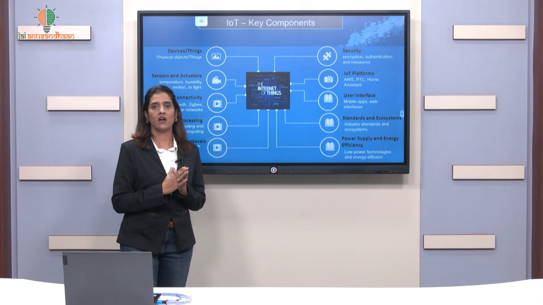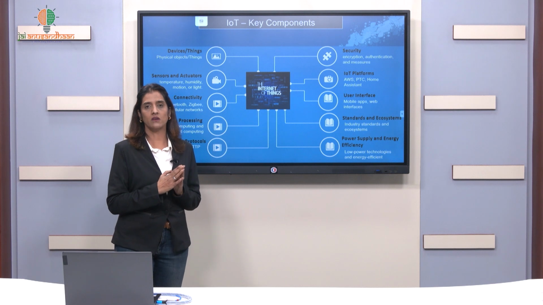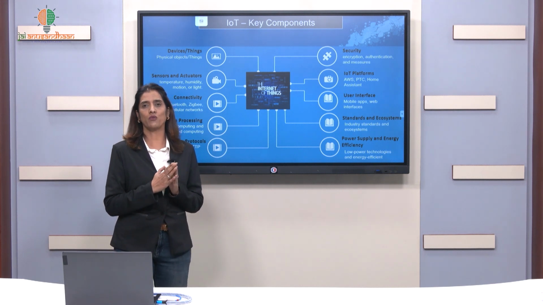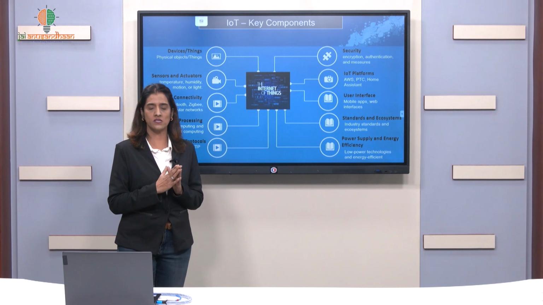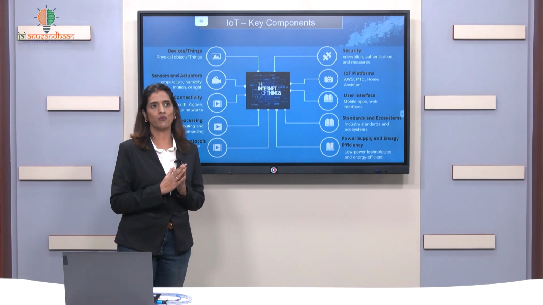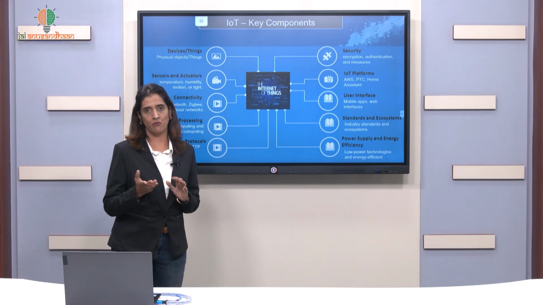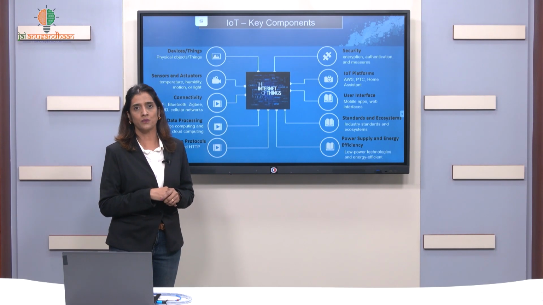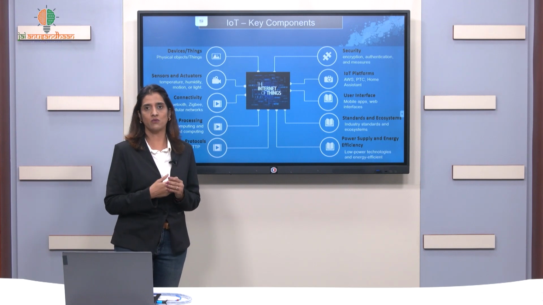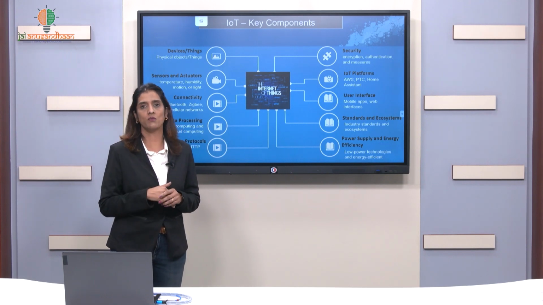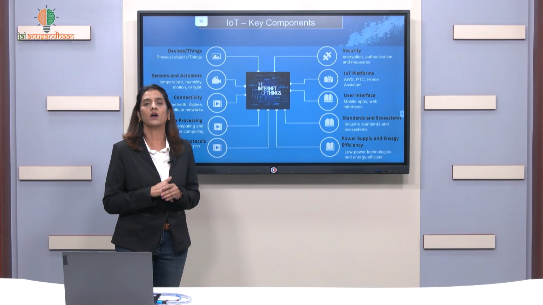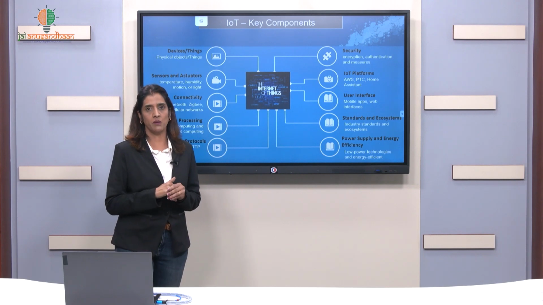For example, we have different IoT platforms available, like AWS, PTC ThingWorx, or Home Assistant. There are any number of paid as well as open source platforms available. We'll see some examples. Home Assistant, in that case, is an open source platform. So these are the IoT platforms available in the market.